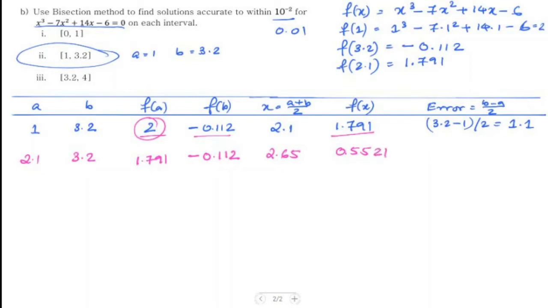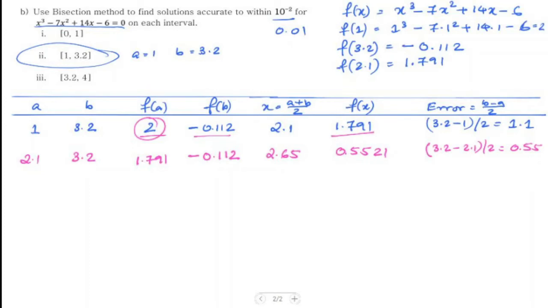And for the error, you could either do b, which is 3.2, minus a, that's 2.1, divided by 2, which we'll get as 0.55, or we could just divide the previous error, which is 1.1, by 2. That would also give us 0.55.